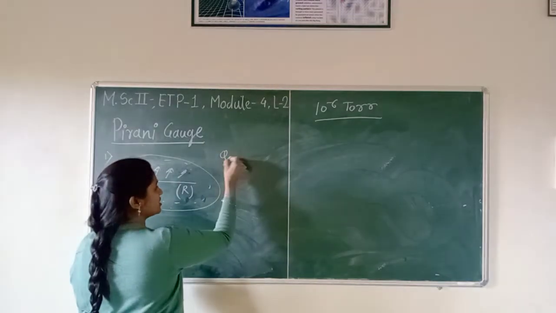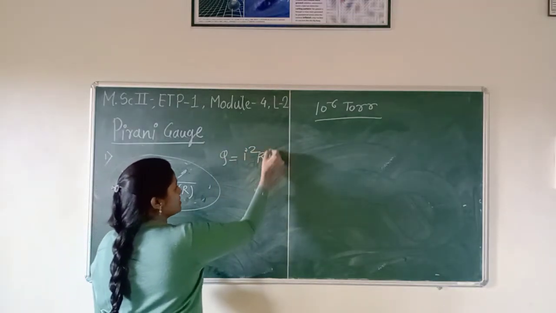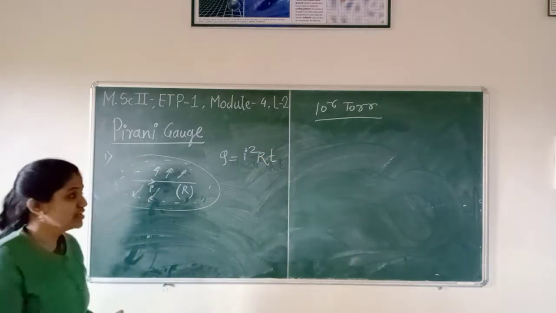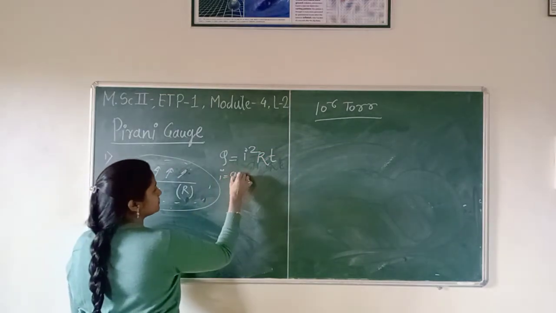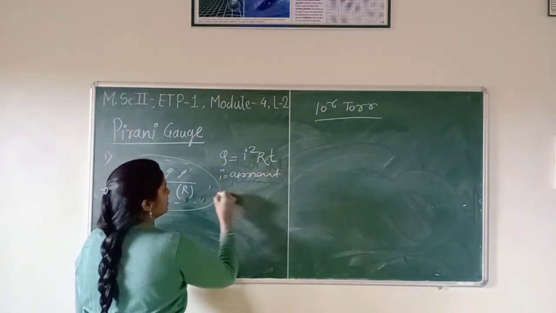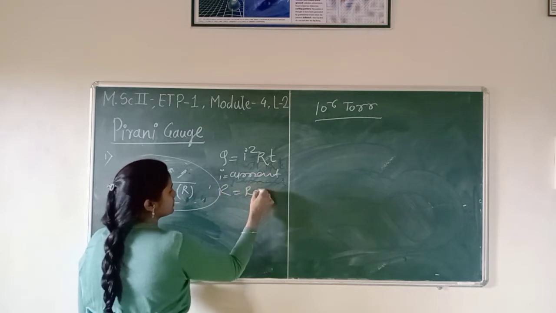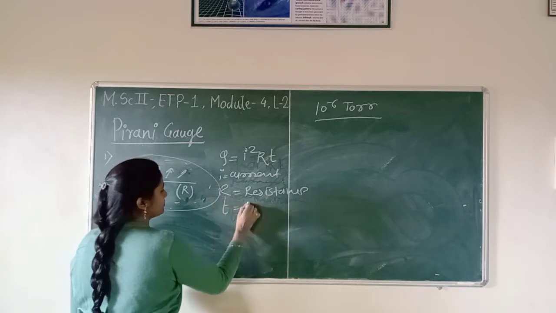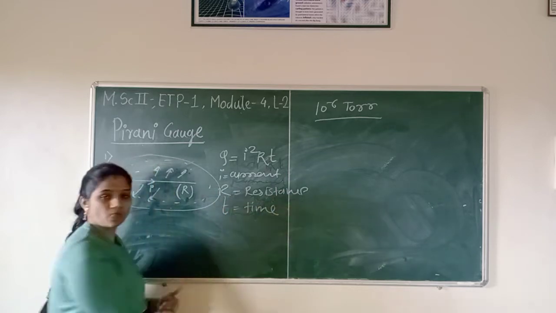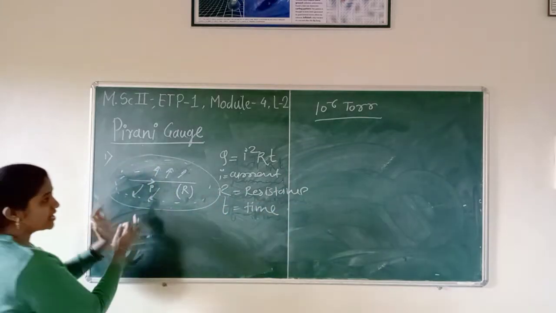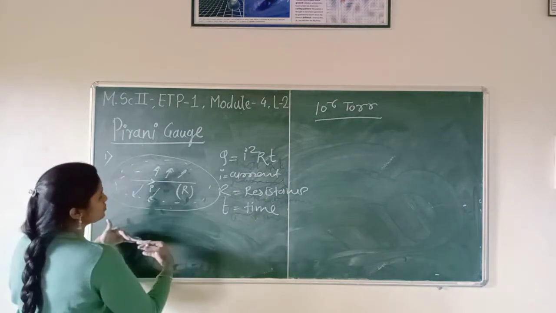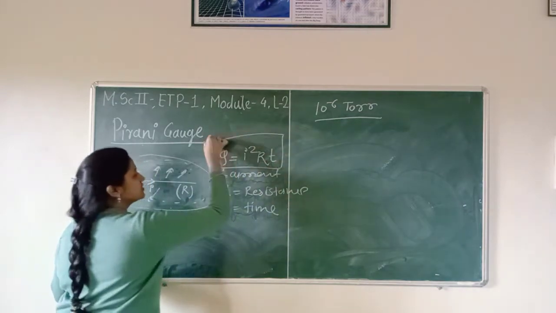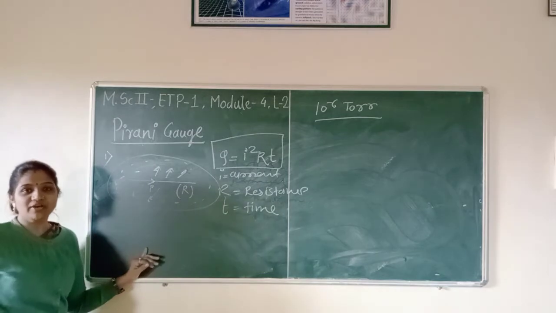This heat is Q equal to I square R T, where I is current, R is resistance, and T is time. So the amount of heat dissipated to the atmosphere depends on this I square R T formula.